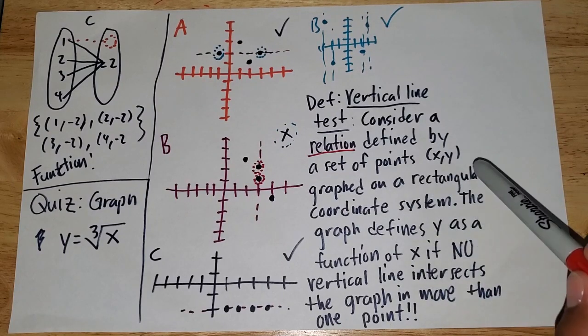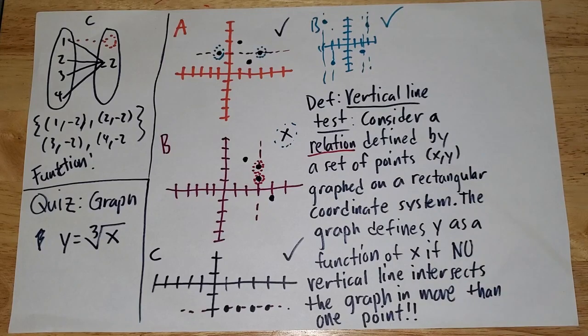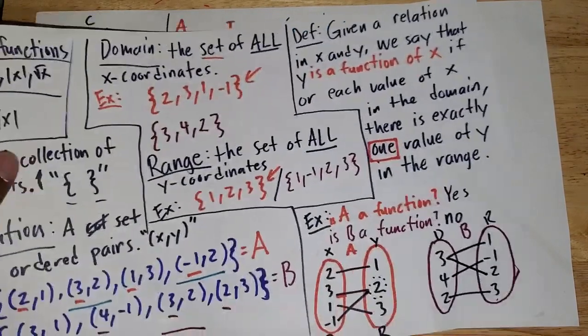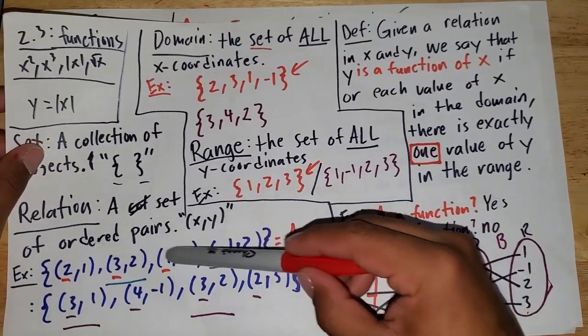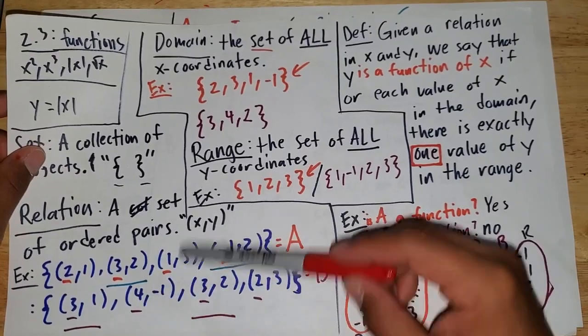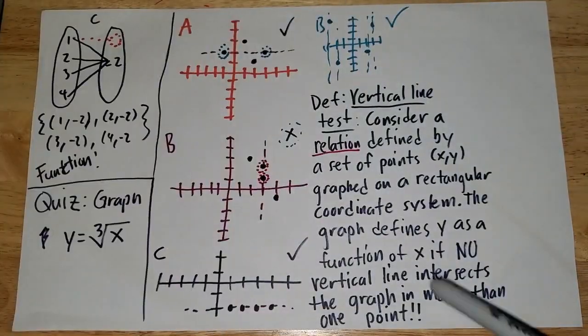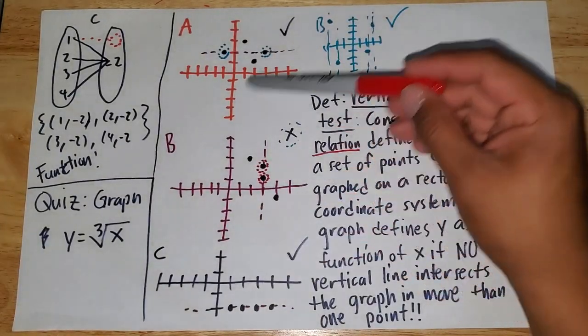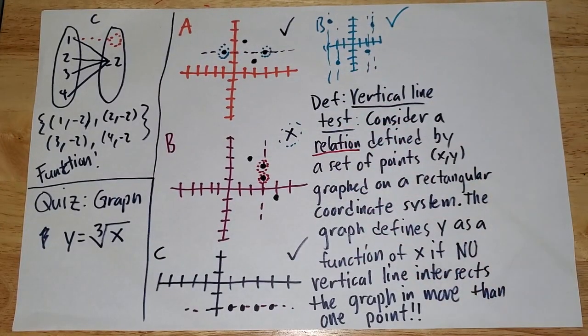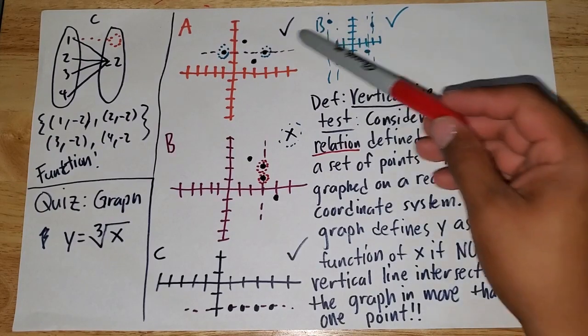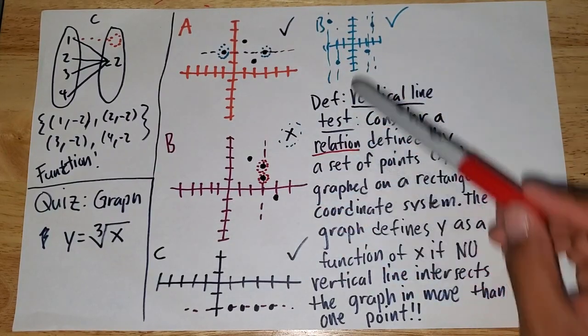So graphed on a rectangular coordinate system. This definition was looking at the relation as ordered pairs, domain and range. But now the vertical line test is looking at the coordinate system. They call it the x and y plane, the Cartesian plane, the real plane. This is that rectangular coordinate system.